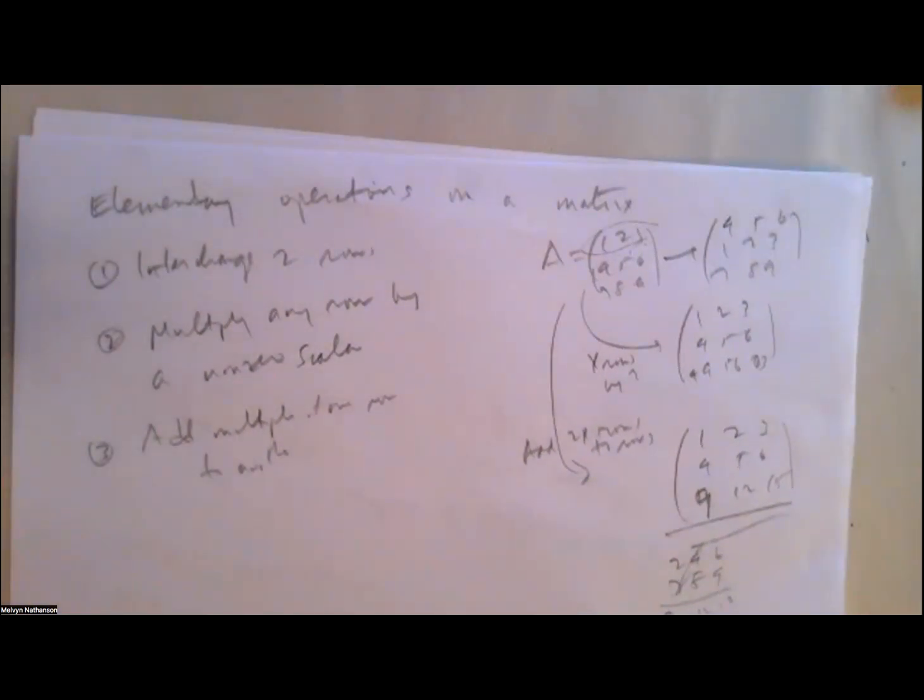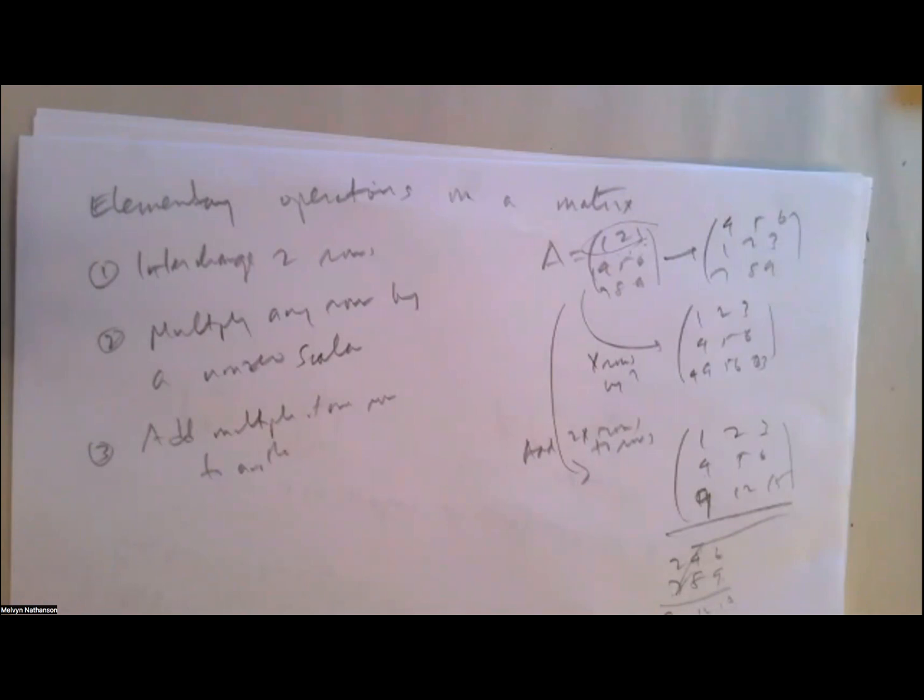These are the 3 elementary row operations. So what this tells us is if we take a system of linear equations, apply some elementary operations to the equations, and then write it in matrix form.